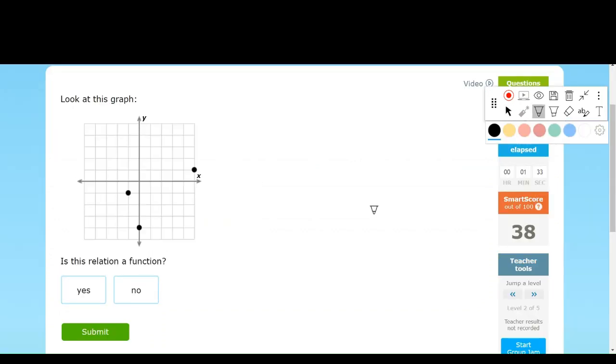Here's another problem. Notice how we're given a graph. Our graph looks a little bit different from the one earlier, and that's because we were only given a portion of the graph. Now we're given the whole coordinate plane. But again, each point will have some horizontal distance, x, and some vertical distance, y.